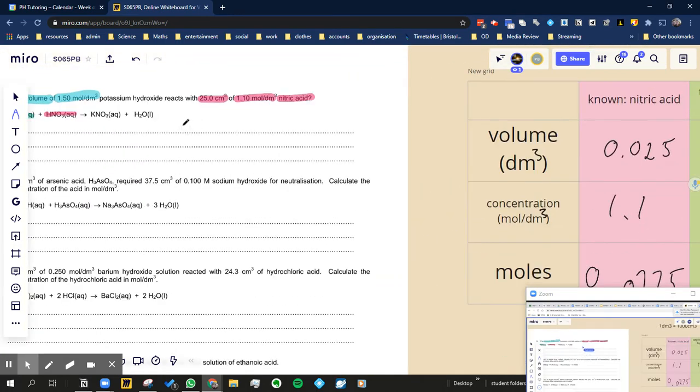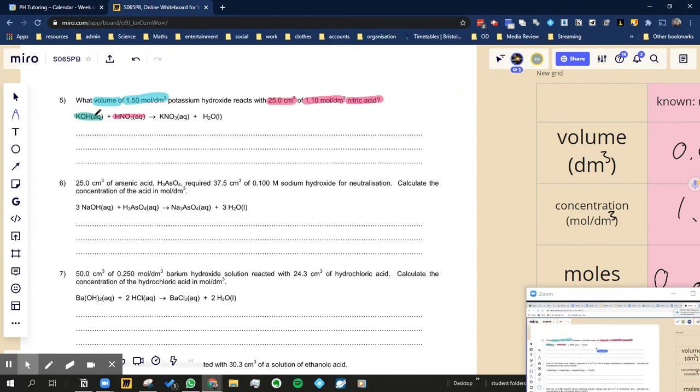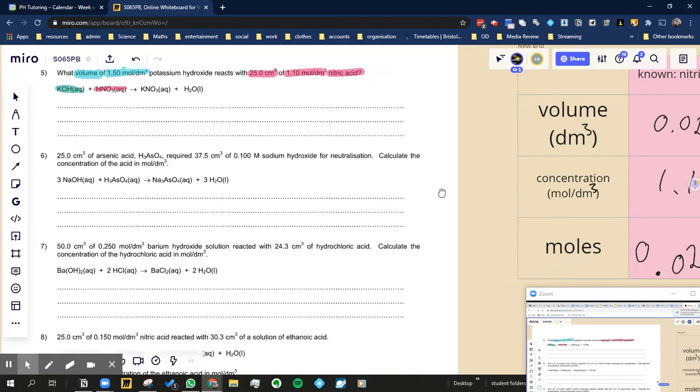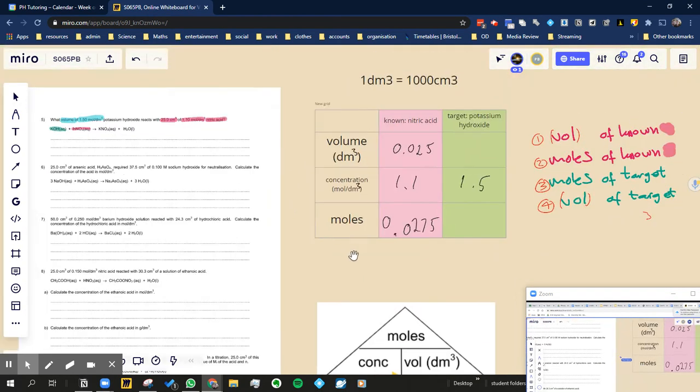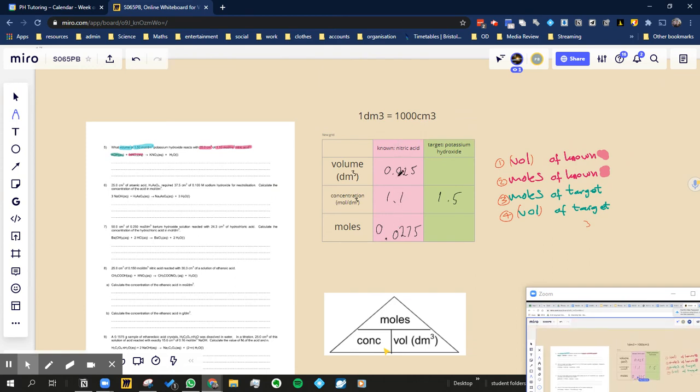The balanced equation tells us that the ratio in terms of moles is 1 to 1. So that's the key that links the known substance to the target substance. That means that number is going to be the same over there. The number of moles of the potassium hydroxide will also be 0.0275.